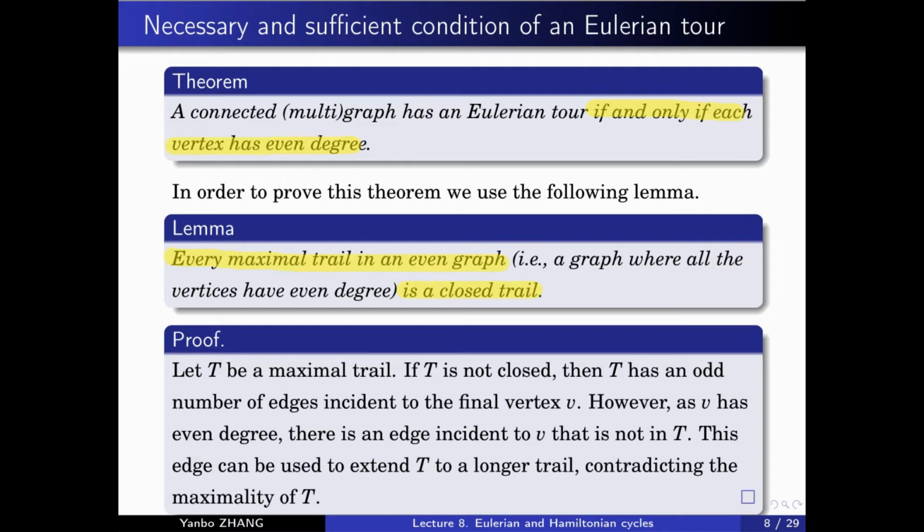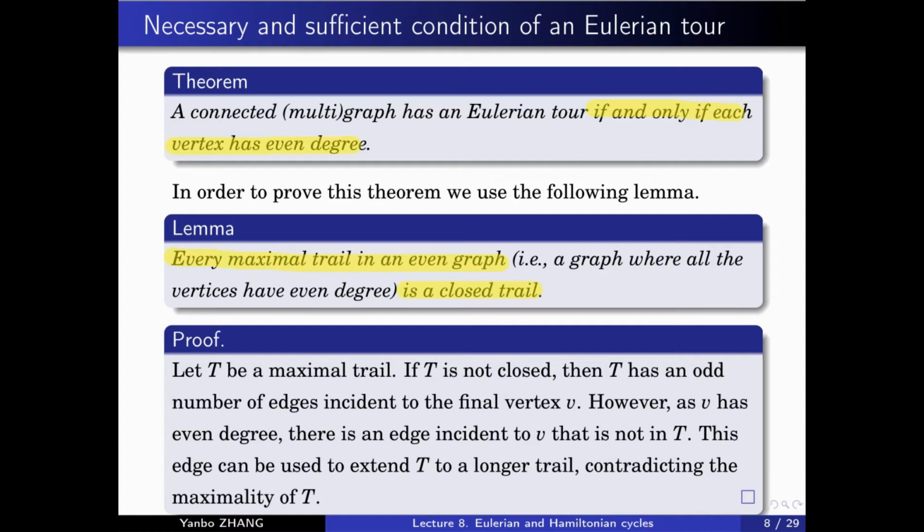Then T has an odd number of edges incident to the final vertex V. Because each time we visit V, we pass through two edges incident with V, one coming in and one going out. But the last time we visit V, we only come into V and don't get out. So we pass through one edge at the last step.